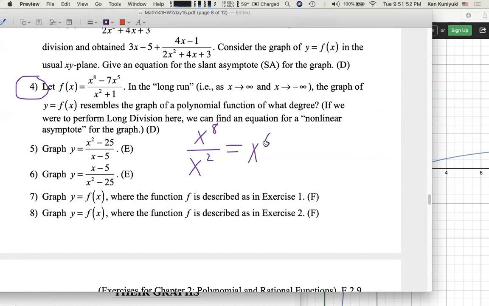What did you do to the exponents? When you divide powers of x, you subtract the exponents. In general, an 8th degree polynomial divided by a 2nd degree polynomial gives you a 6th degree polynomial. So the graph resembles the graph of a polynomial of what degree? 6. So what does this look like in the long run?